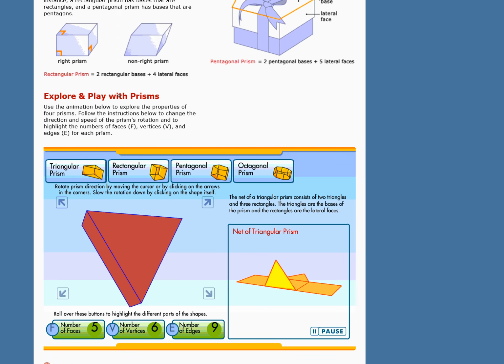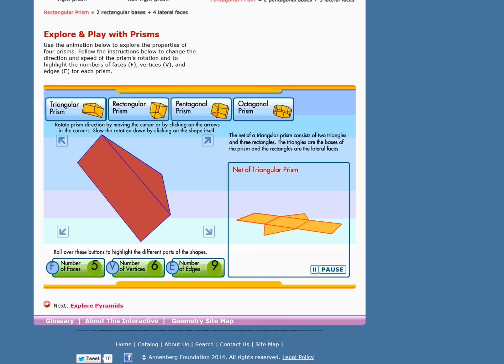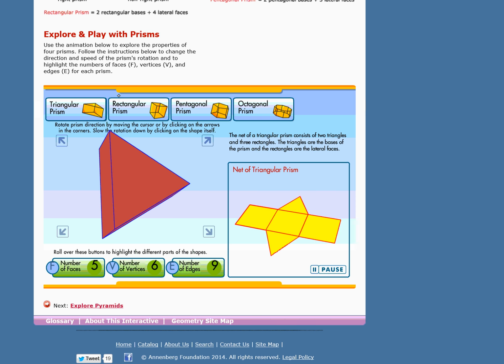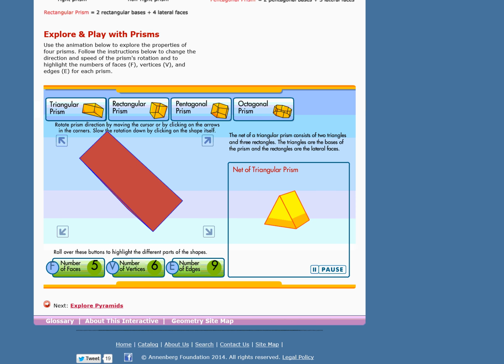So again, here is a triangular prism. And here's the video showing it breaking it down into its pieces. So you see 3 rectangles. In this case, they're all the same because this happens to be an equilateral triangle, but they're not always going to be the same. So how would we find the surface area of it then? Well, the net looks like a triangle, and 3 rectangles.